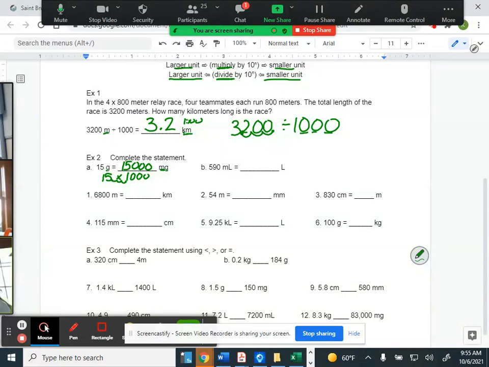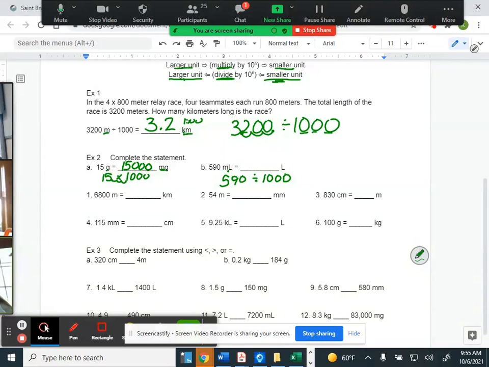15,000 milligrams. Here we have milliliters, which is small, and we want to go to the liter, which is larger. So now we're going to divide, because we're going from small to big. So it's 590 divided by 1,000.